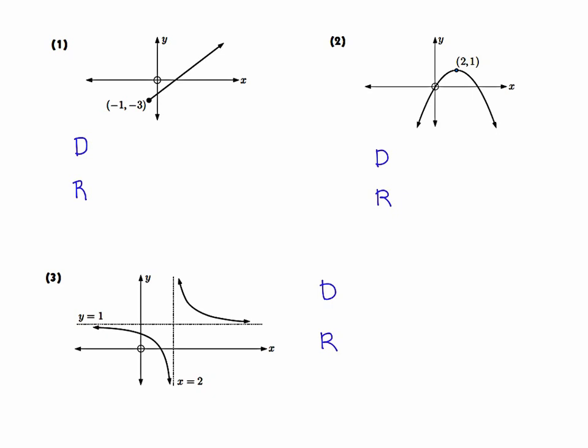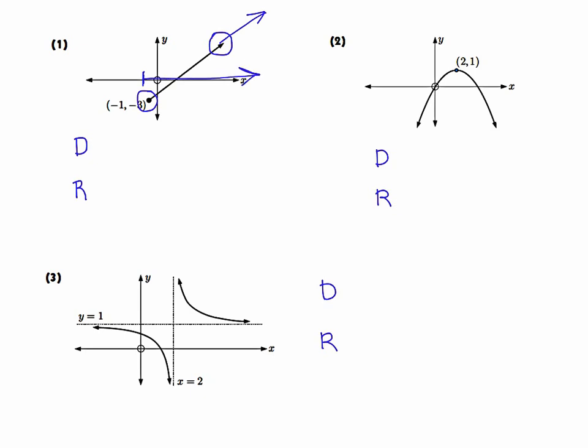Let's talk about domain and range of these functions. So first one, we have a -1 and -3 on this point, and it goes on forever. That's what this arrow means. It goes on forever in that direction. So for the domain, all the possible x values start at -1 and go on forever to infinity.